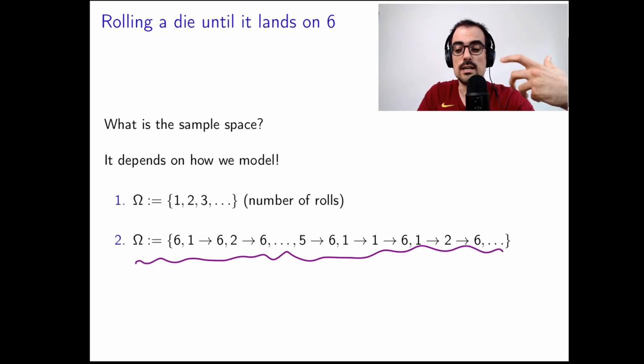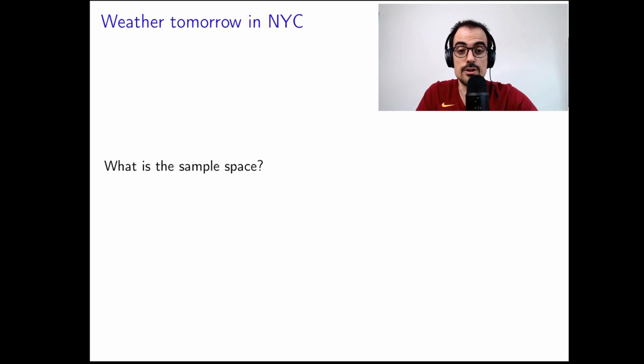And just to illustrate further that you often have very flexible modeling choices, imagine that you want to model the weather tomorrow in New York City. Then there's really a lot of choices. You can model the humidity, you can model the temperature, you can model the humidity and temperature at different times, in different locations. The sample space gets extremely complicated.